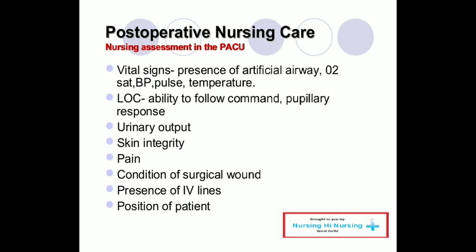And we should check for the presence of an artificial airway, as after anesthesia there will be a lot of secretions because of the muscle relaxation. There will be secretions in the patient, so we have to check for the artificial airway.